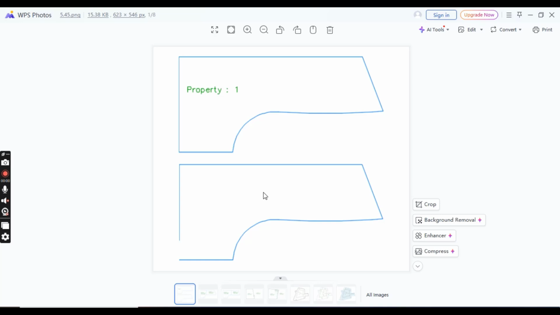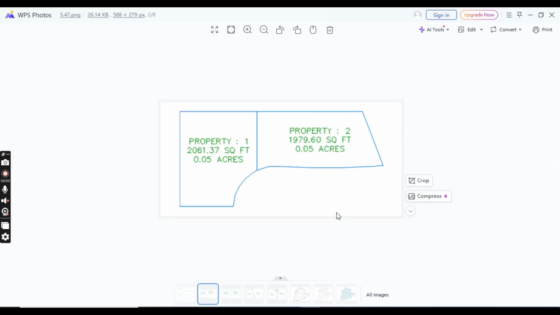Now we will see parcels reacting to the site object. Parcels require only one parcel segment to divide them from their neighbors, like property 1 and property 2. This behavior eliminates the need for duplicate segments between parcels, and duplicate segments must be avoided.